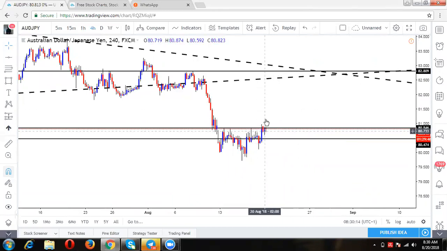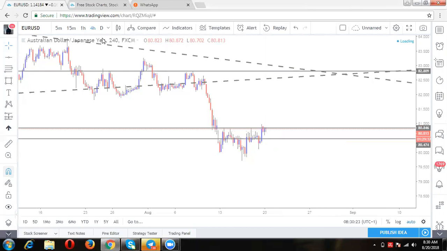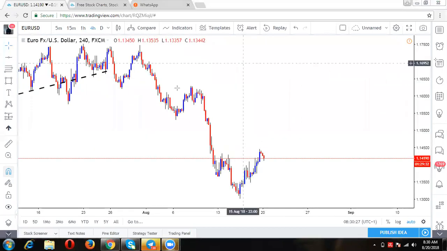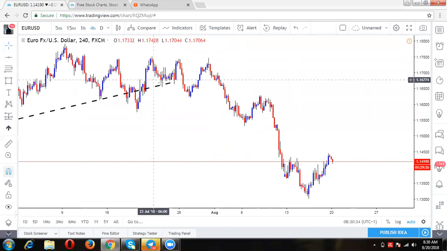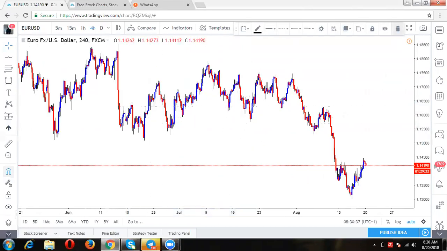Okay. Time's almost out. EUR/USD 4-hour. Let me see. EUR/USD on the 4-hour time frame. Okay, let's hope this recording takes this.